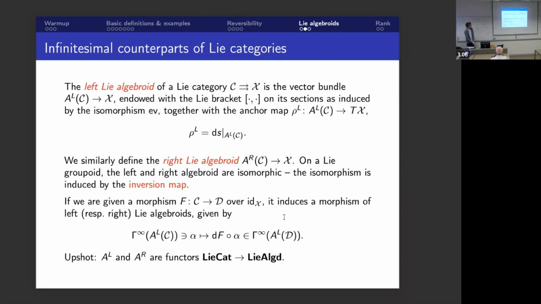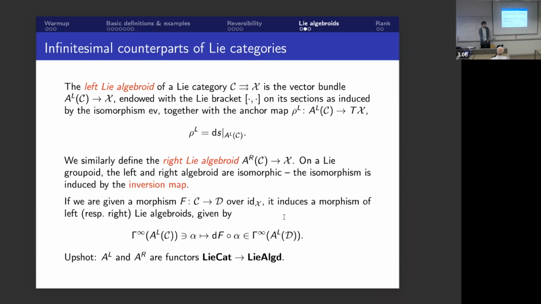And moreover, there's a certain notion of morphism of Lie algebroids. So it has to, in a way, respect the anchors. And so if we are given a morphism of Lie categories, it's going to induce a morphism between the respective either left or right Lie algebroids.